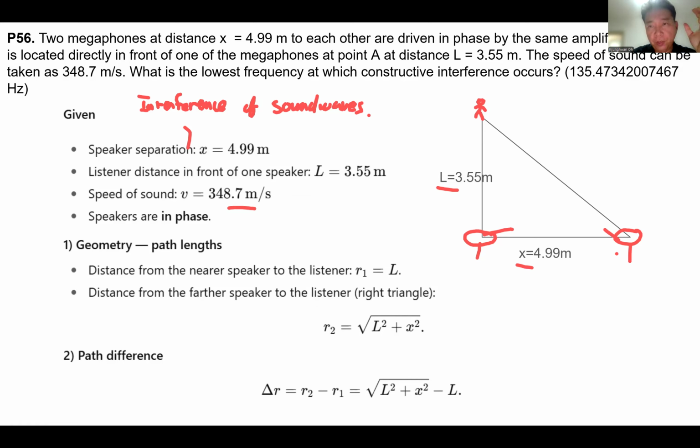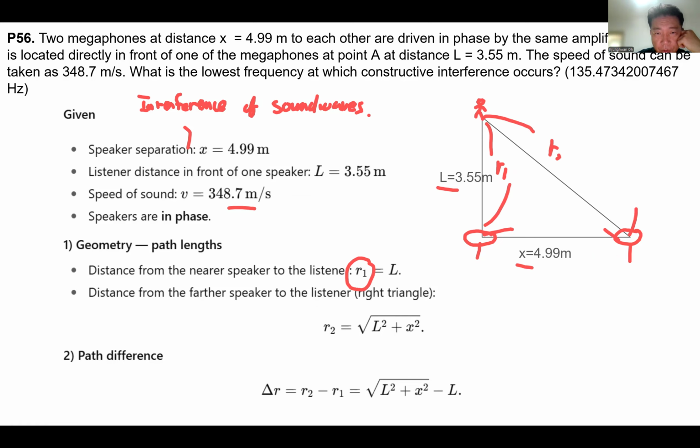If they are in the same phase, the only factor that will affect the interference is the length difference. The distance from the nearest speaker to the listener, R1, is from here to here, and from speaker 2 to the listener is R2.